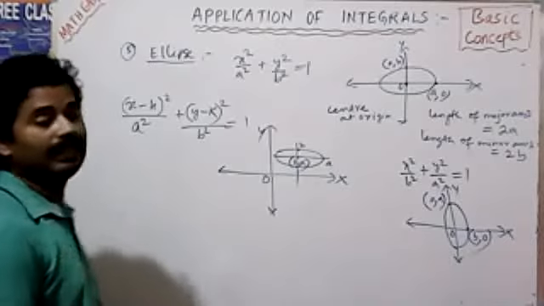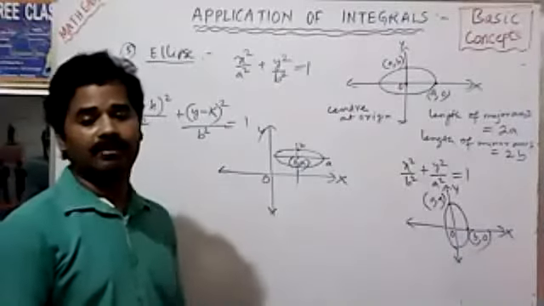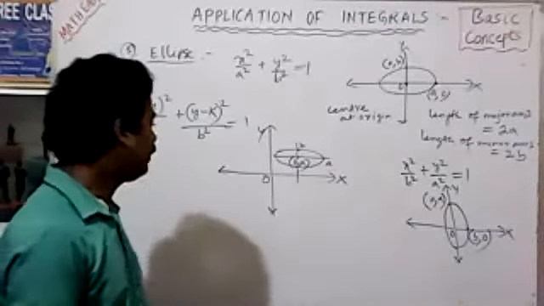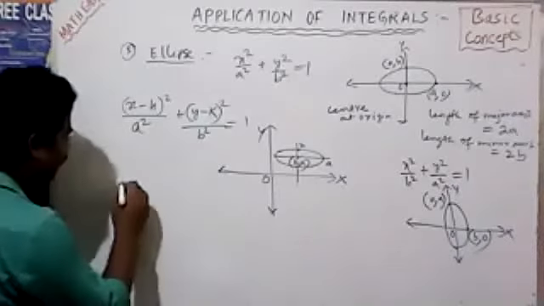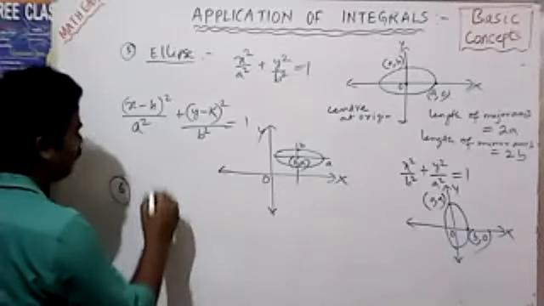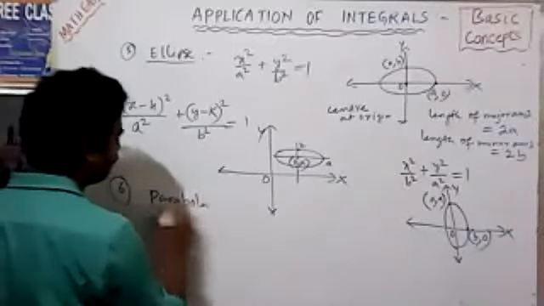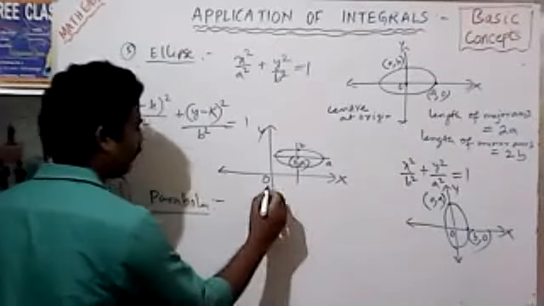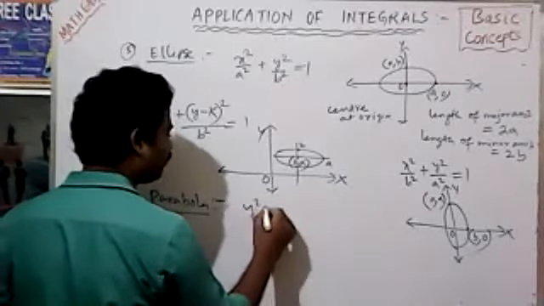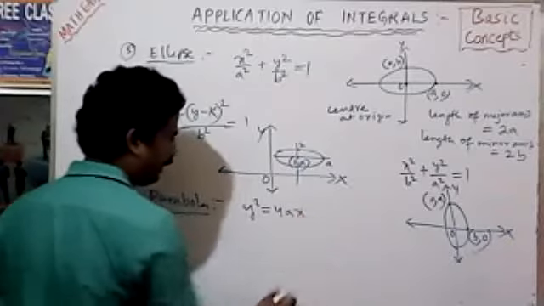After finding the equation, you have to find the area under the curve. Similarly, the sixth property is the parabola. If you think about the parabola, that is y square is equal to 4ax.